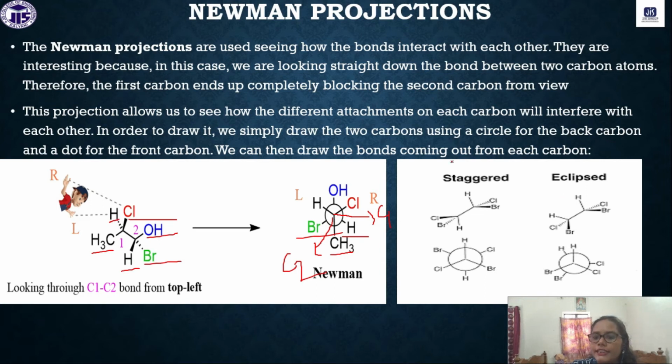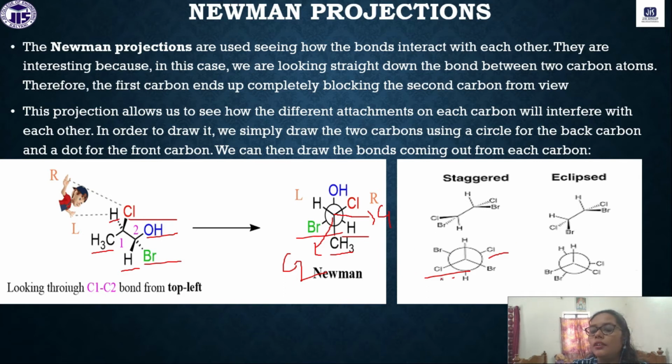Okay, so this is the staggered configuration, and this is the eclipsed configuration. Staggered configuration means the groups are on opposite sides, the two chlorine groups and the two bromine groups, okay. So all these bulkier groups are in opposite directions, at 180 degrees.